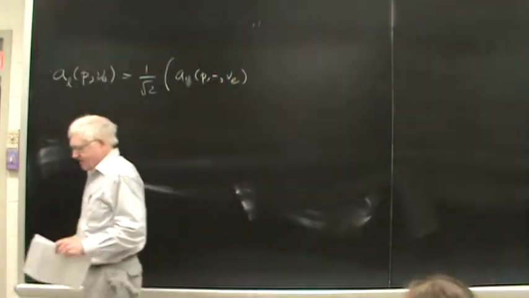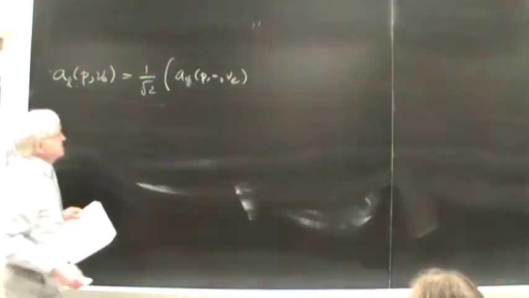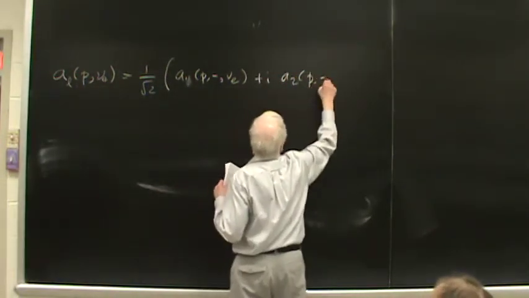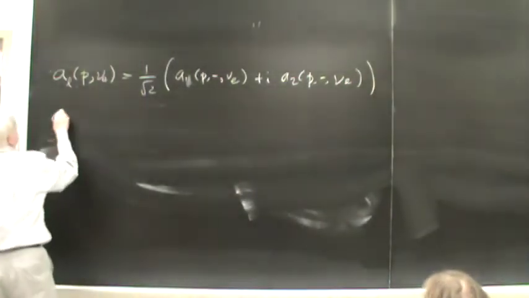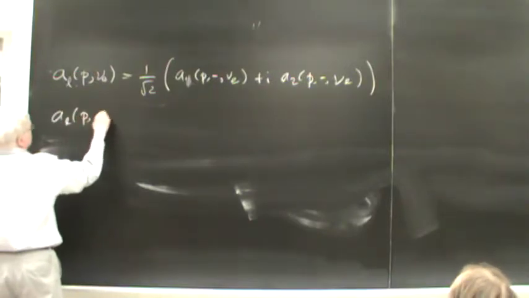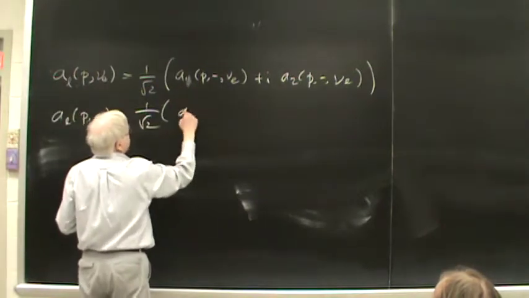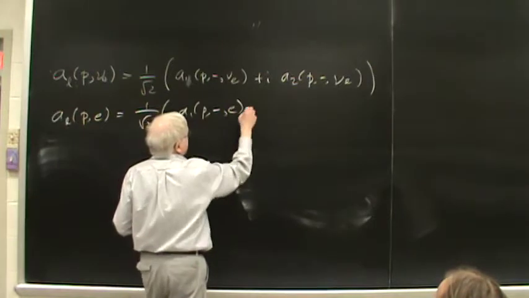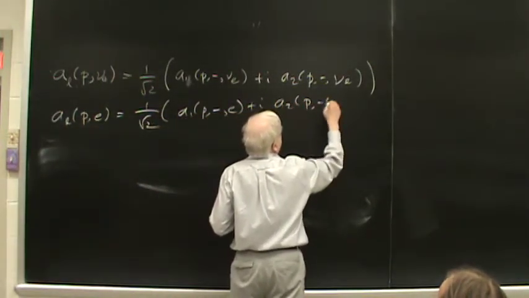When they're massless, we can talk about the flavor eigenstates because after all, they're also mass eigenstates when the masses are all 0. So it looks like this. That's for the neutrino, and for the electron, it's some annihilation operator, momentum, spin in the opposite direction, type electron: A1 plus i A2, at momentum P, minus electron.